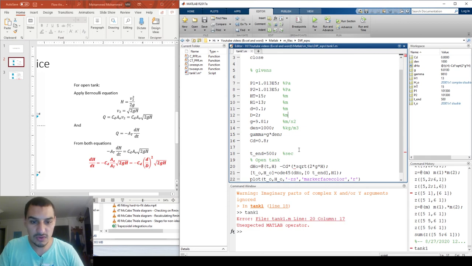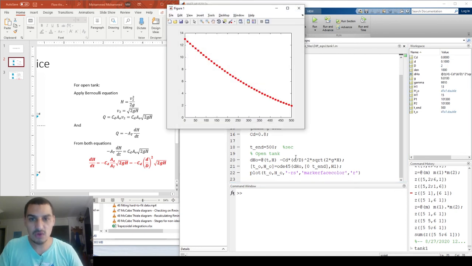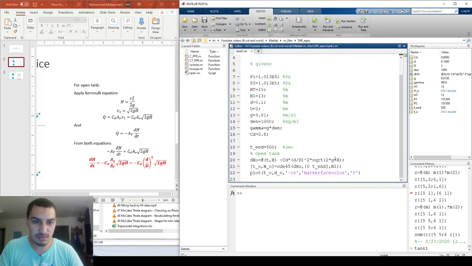So when I run the file now, it says there's an error in column 17. Oh, I'm sorry. It is d divided by D, and now when we run, oh yeah, now it looks good, and this is what we should expect to see: the height is starting at 13, it's going slowly downward, and it didn't reach the end, so I can let it go more.